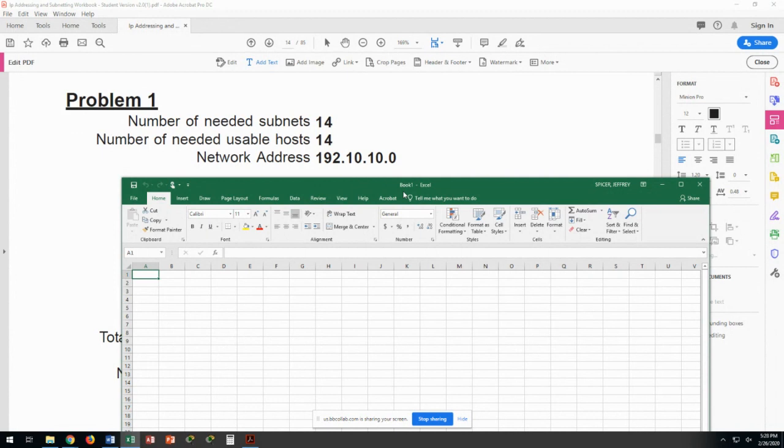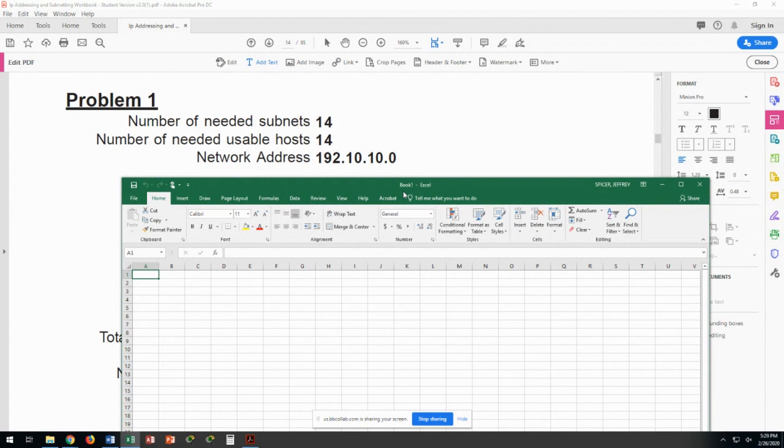So the first network starts at 0, and so that's its network ID, right? And so we go 192.10.10.15. It ends there. So this is network 1.